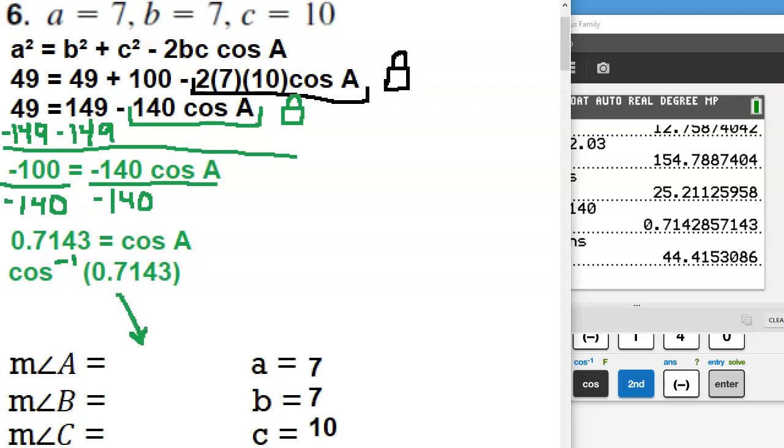Now, I told you this one was going to be better. Let's talk about it real quick. Why would this problem be better? Well, A and B are the same length, which means big A and big B are also going to be the same. They have to be.